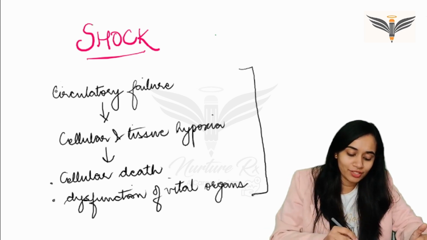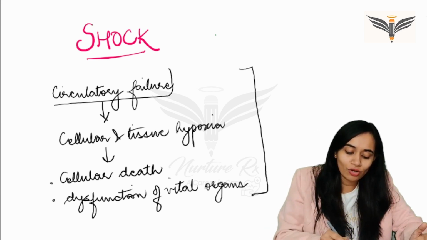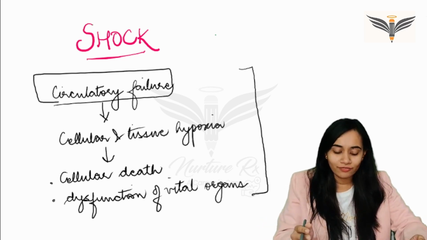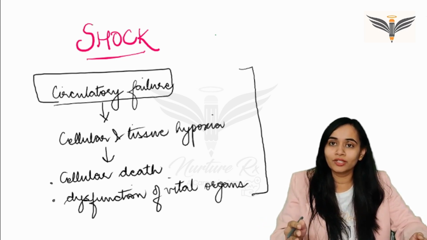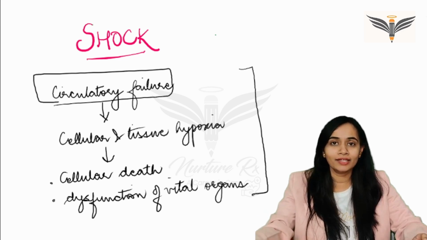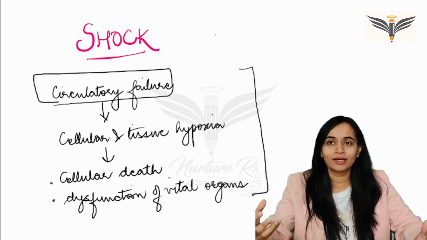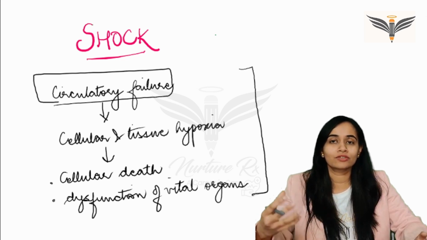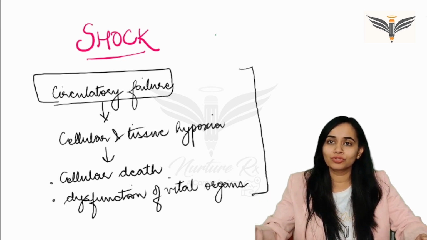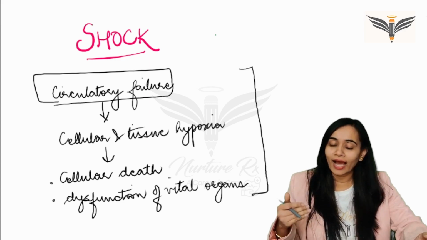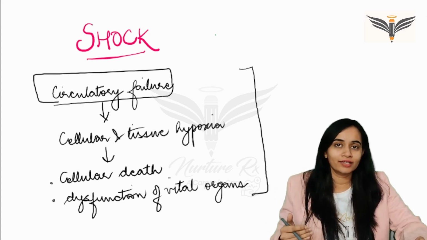So what is the definition of shock? It is a state of circulatory failure. Now, once circulatory failure is there, what is it going to lead to? Cellular and tissue hypoxia. There will be a dearth of oxygen-carrying capacity. The oxygen will not be able to be perfused to cells or tissues, which will lead to cellular death and dysfunction of vital organs.